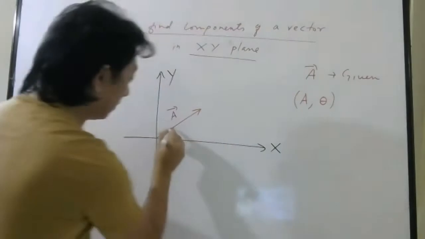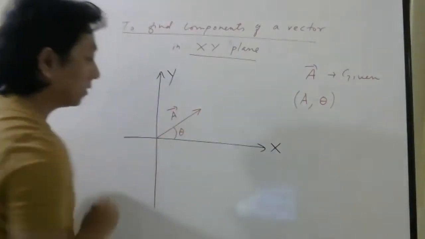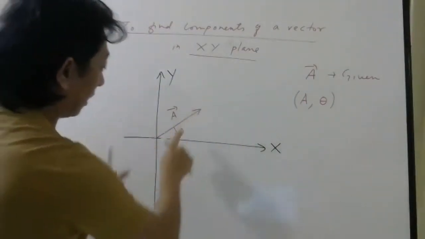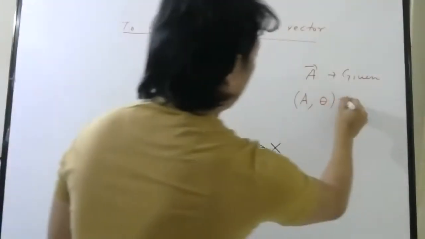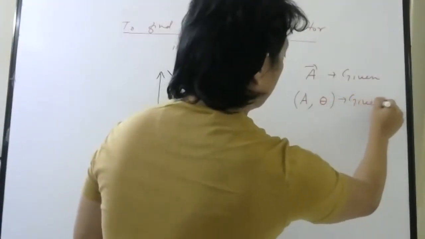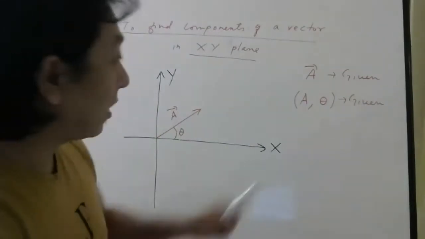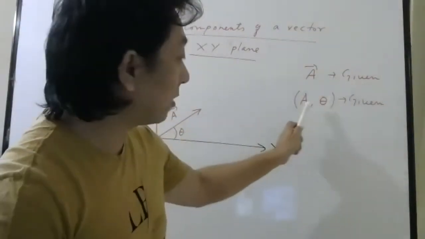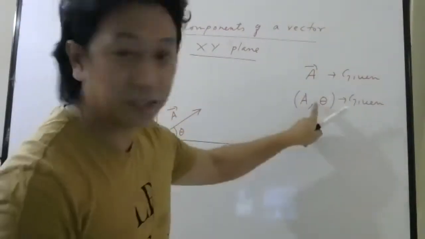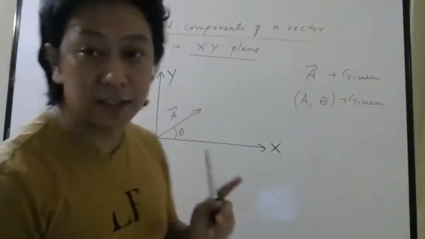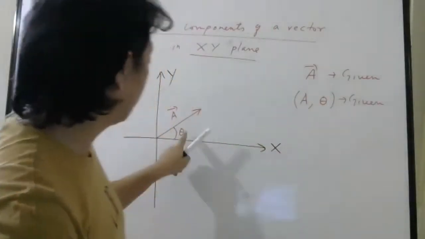This angle will give you the direction. So these two are given. Please understand, when I say a vector is given, it means the magnitude and direction. In this diagram, direction can be found from this angle.